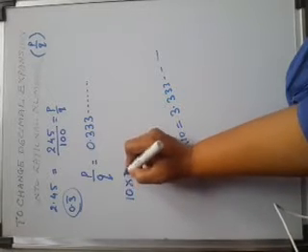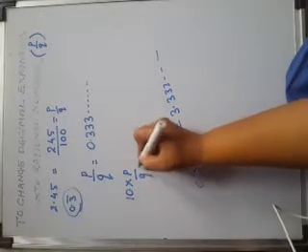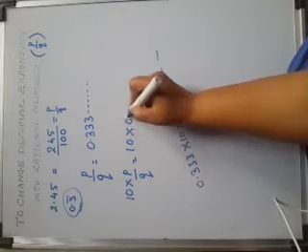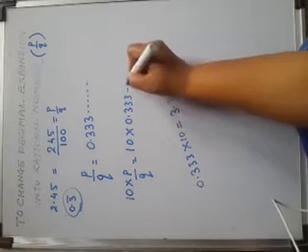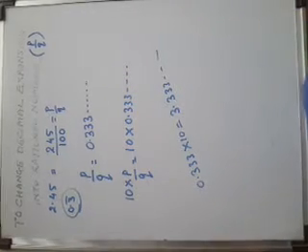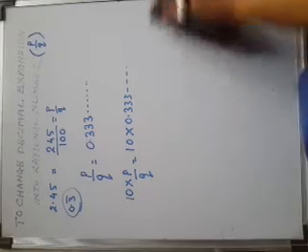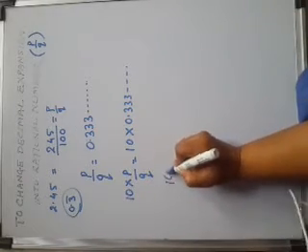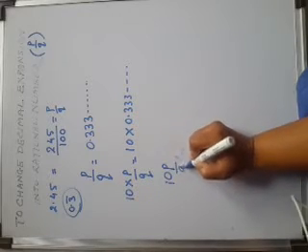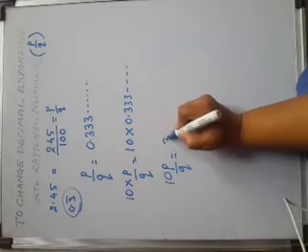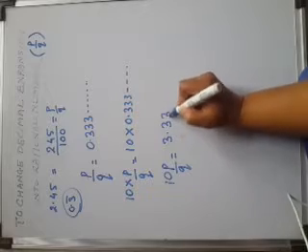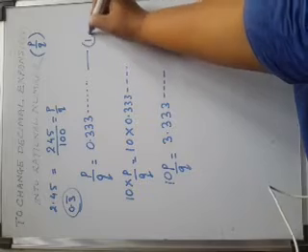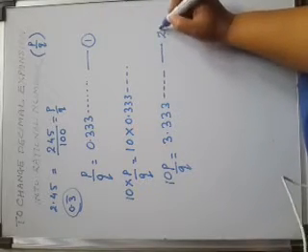So 10 into p/q is equal to 10 into 0.333. So this comes out to be 10 p/q is equal to 3.333 and so on. Let this be equation number 1 and this is equation number 2.